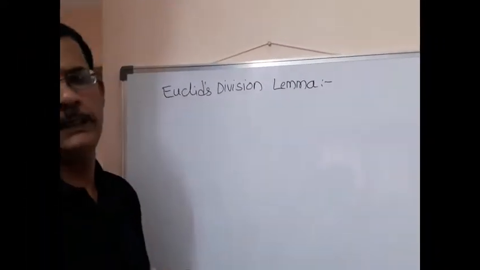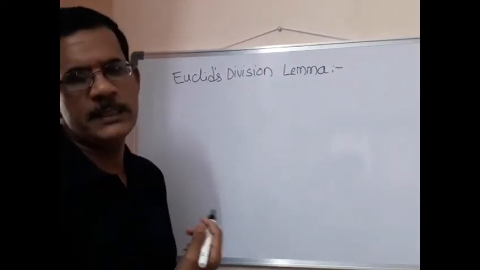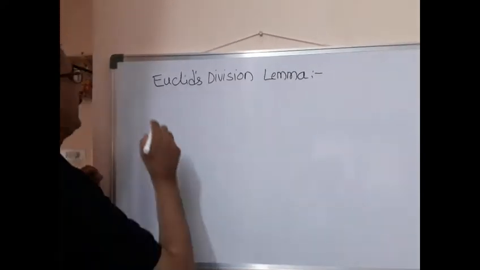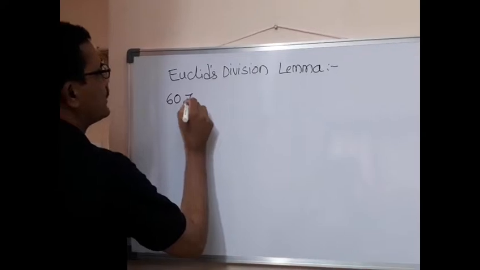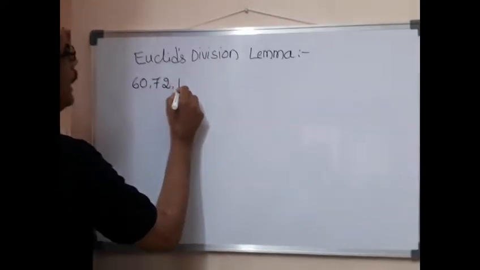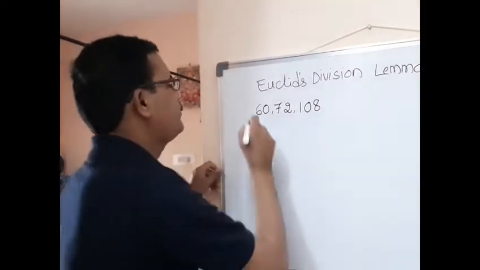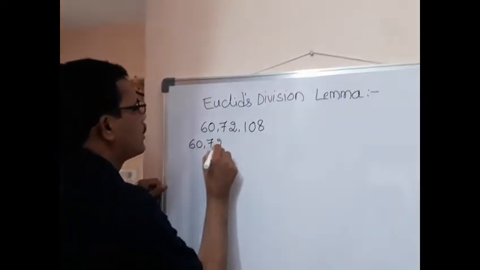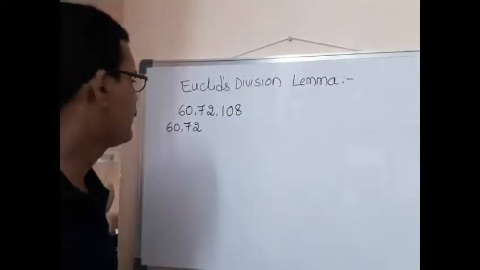Now let us see how to find the HCF of three positive integers using Euclid's division lemma. Example: 60, 72 and 108. Taking the first two numbers 60 and 72, finding their HCF using EDL.